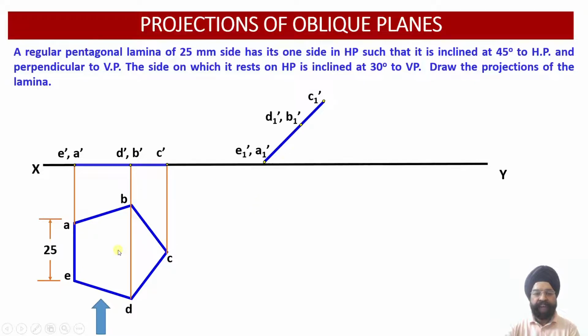Step number 1 was the true shape. Step number 2 is your edge view. Then step number 3 is the rotation or the translation. This we have already discussed. We are going to measure these distances: the distance of E dash, A dash from C dash, and the distance of D dash, B dash from E dash, A dash.